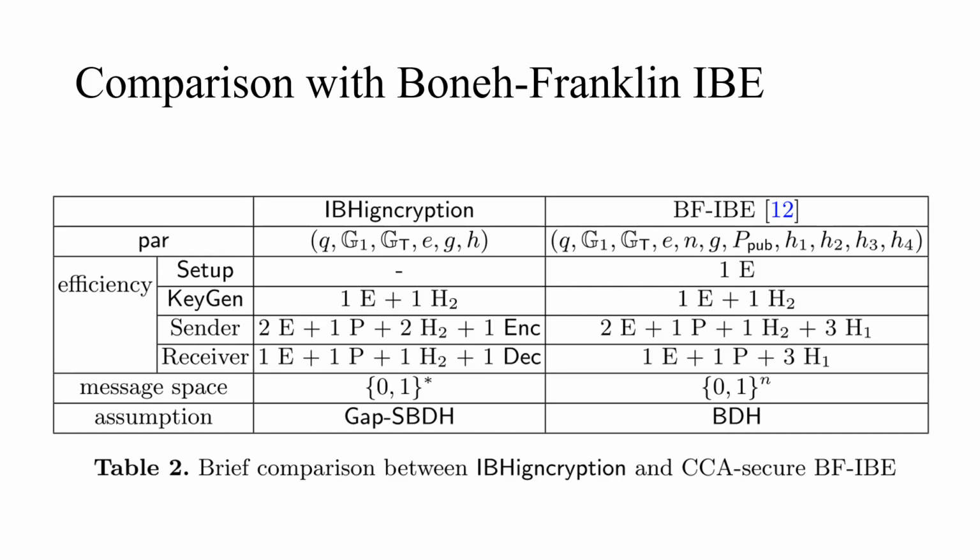The computational complexity of the sender and also the receiver are roughly the same. In this sense, the entity authentication and the identity privacy properties offered by IB-HIGH encryption are gotten almost for free.